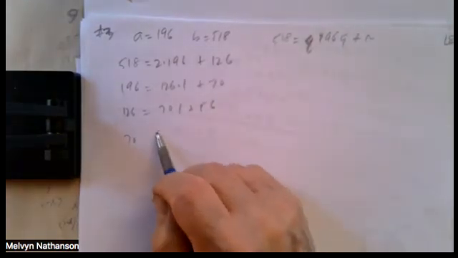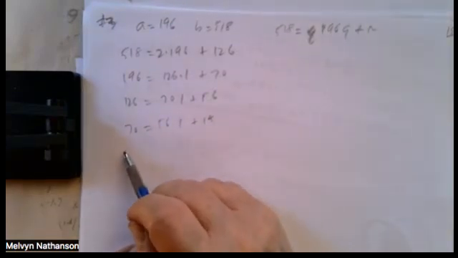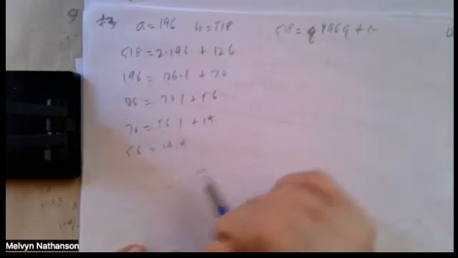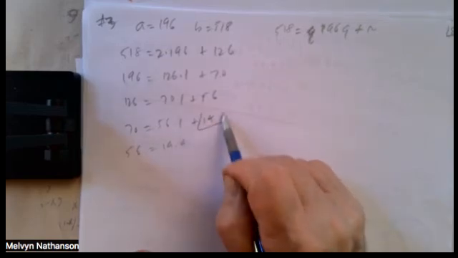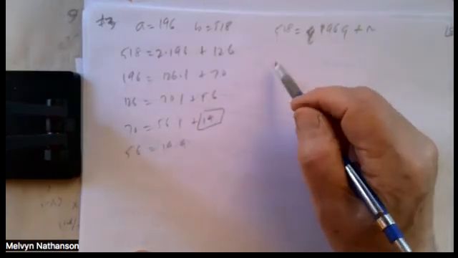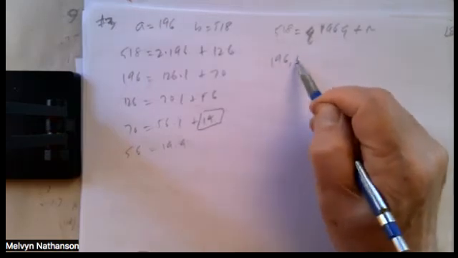And if I divide 70 by 56, that goes in one time and leaves a remainder of 14. If I divide 56 by 14, that goes in exactly 4 times and leaves a remainder of 0. So the last positive remainder is the GCD, the greatest common divisor of 196 and 518 is 14.